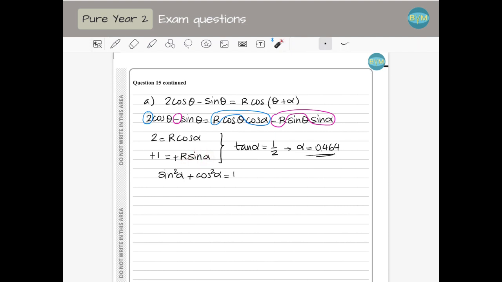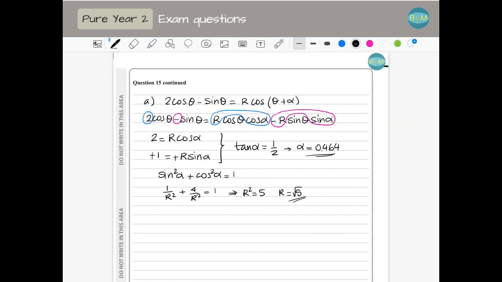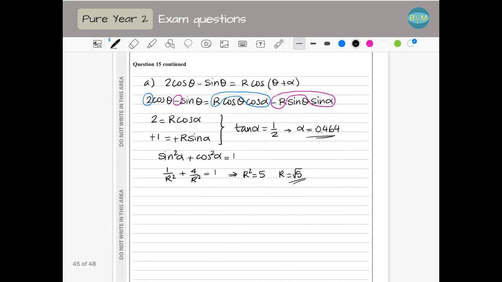Sine alpha is 1 over r, so sine squared is 1 over r squared, and cos alpha is 2 divided by r, so squared is 4 divided by r squared, and this is equal to 1. So from here r squared is 5, and r is going to be root 5. I'm going to take the positive one because they say r is positive, so we cannot choose the other one. So these are the first two things they ask.